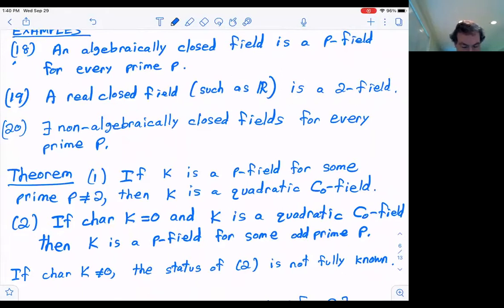If the characteristic of k is 0 and k is a quadratic C0 field, then k must be a p field for some odd prime p. So it's a Galois theoretic characterization of quadratic C0 fields. So that's a nice result. If the characteristic of k is not 0, the status is not fully known. I'll just say there are partial results, but I won't go into that.